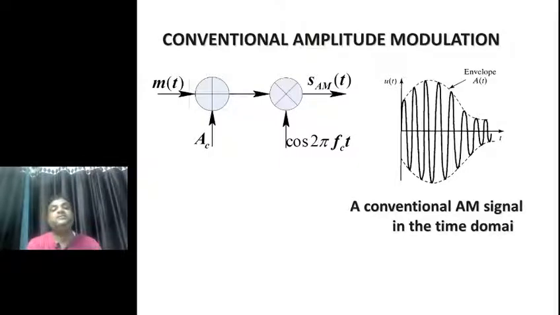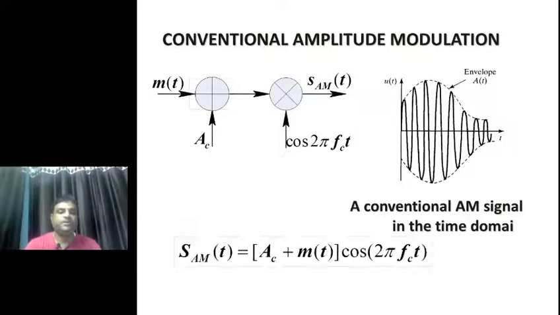So the conventional amplitude modulation is nothing but double sidebands with carrier. In the case of conventional, we use an adder where the message signal m(t) and carrier signal will be added. Then we multiply it. It means m(t) plus Ac multiplied by cos 2 pi fc t.